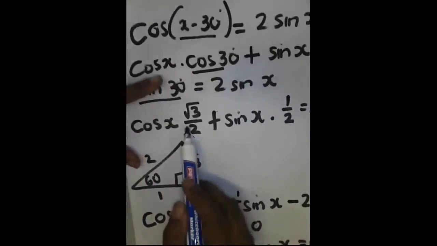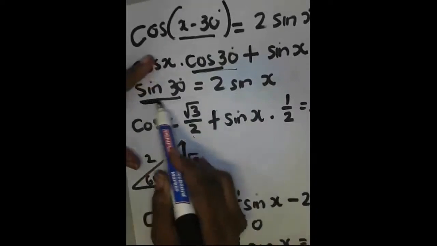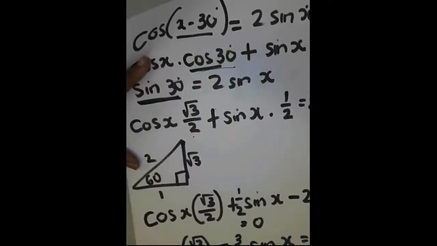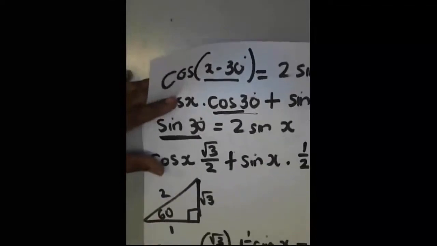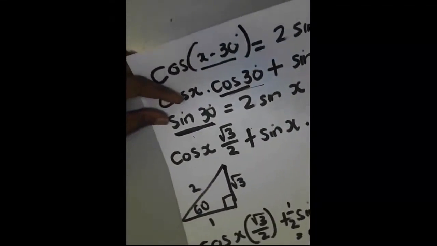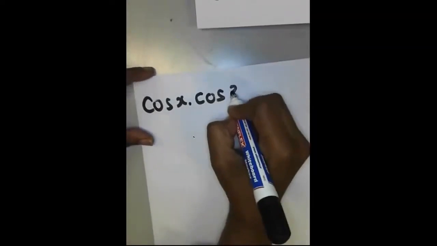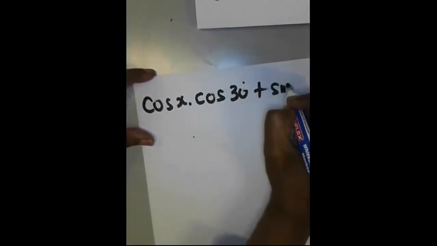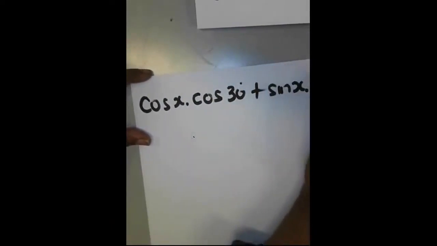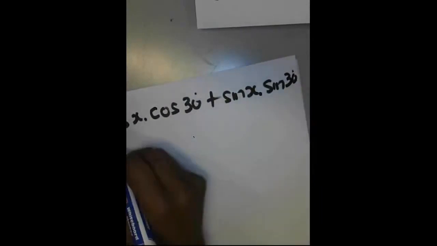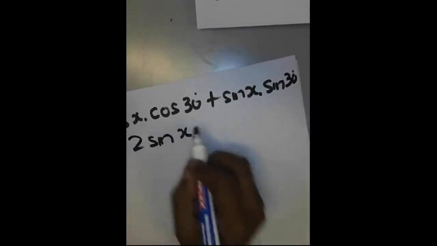What don't you understand about the third step? I substituted your cos 30 degrees and your sin 30 degrees. Let me just explain again. The expansion is cos x times cos 30 degrees, you can use your calculator, plus sin x times sin 30 degrees, is equal to 2 sin x.